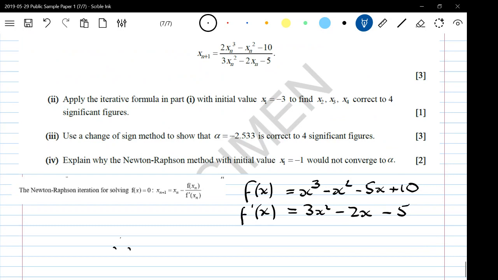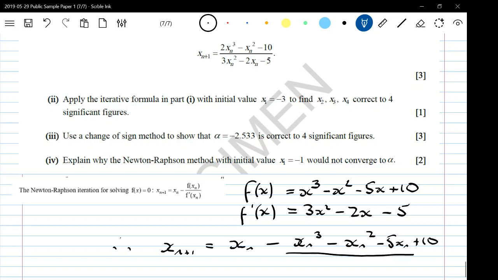So xn plus 1 is xn minus xn cubed minus xn squared minus 5xn plus 10 divided by 3xn squared minus 2x minus 5.